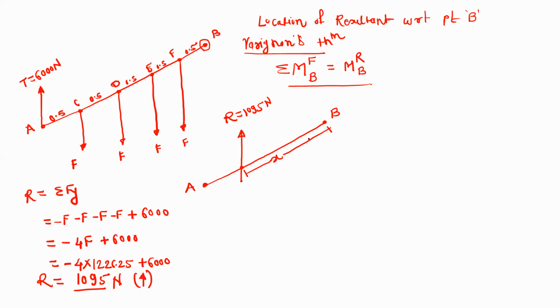For that, I have just assumed x as the distance with respect to point B for this resultant. So now we will use Varignon's theorem. First we have to find out the summation of the moment by individual forces about the point B. So let us take the 6000 Newton force and try to find out the moment of the 6000 Newton about the point B. Okay.